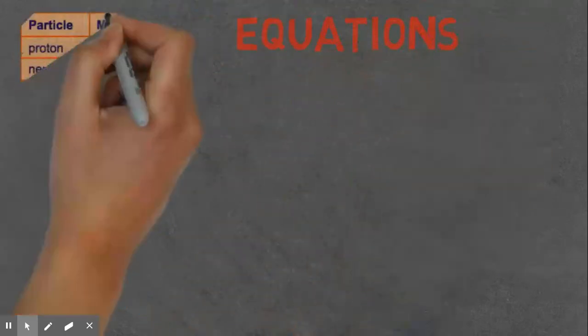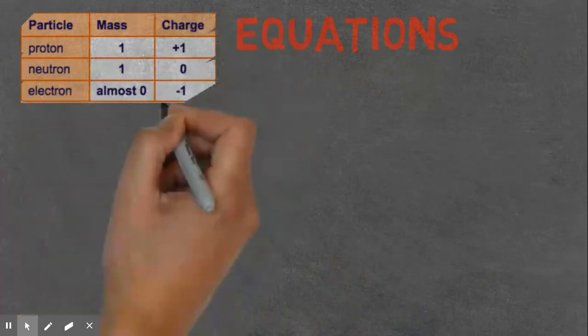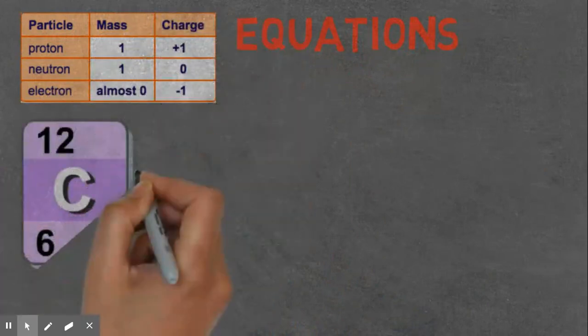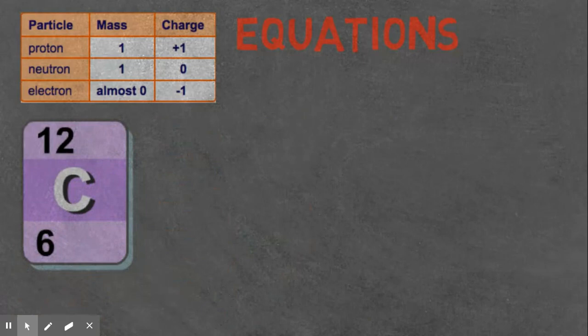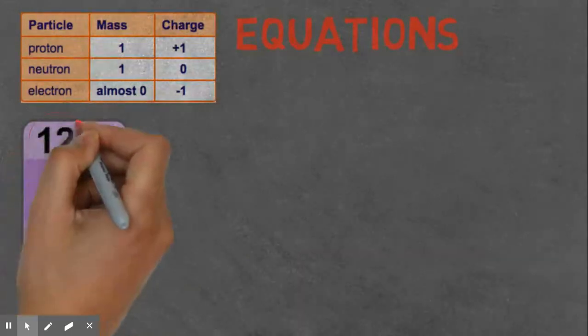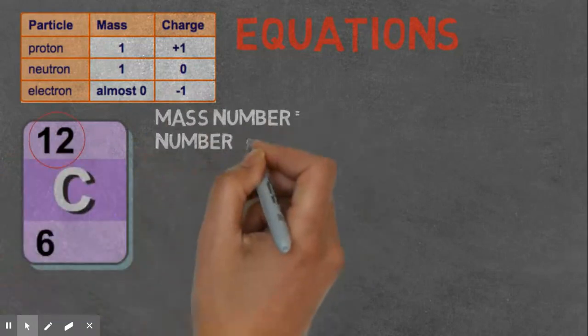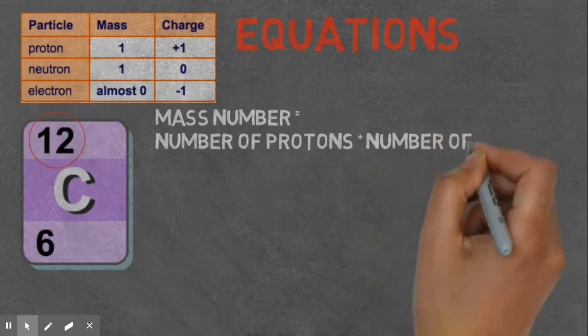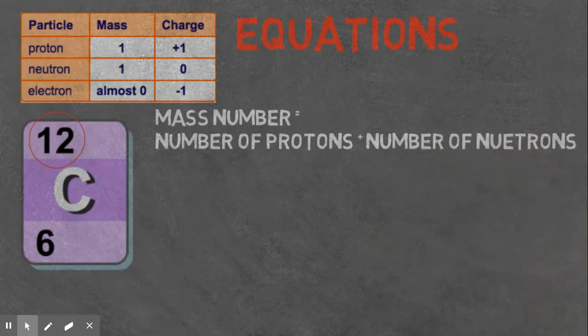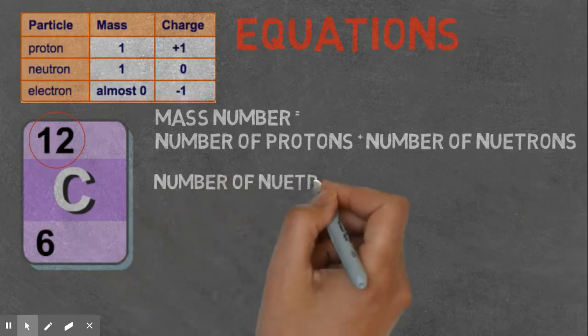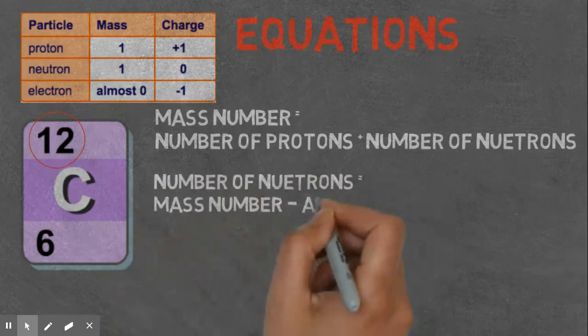Okay, well, if we look at some of the equations here, which help us work out both atomic weight and atomic number of an element, the number of neutrons?